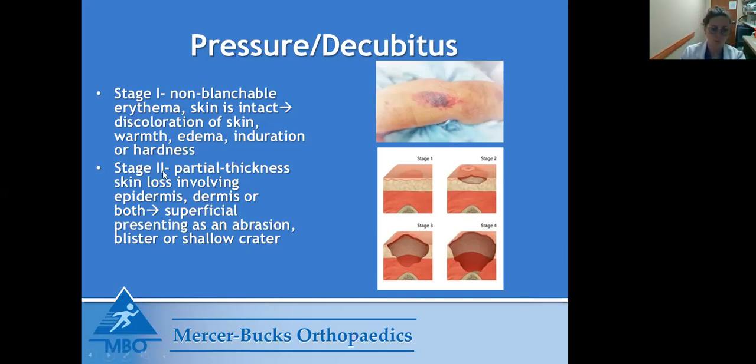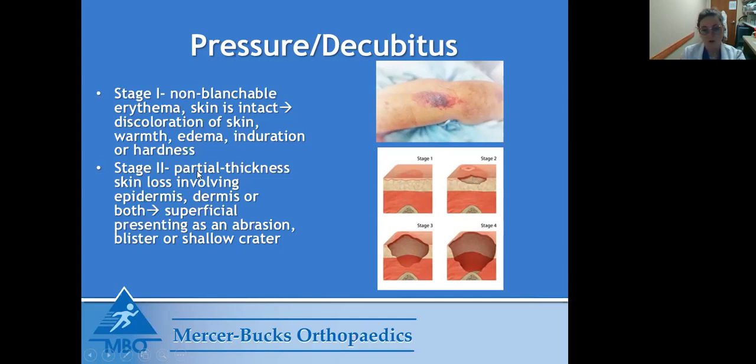A stage 2 or a partial thickness pressure ulcer is when you have skin loss. This can vary. This picture is showing a stage 1 versus a 2, 3, and 4, and roughly the layers of our skin. You have the skin, you have fat right below it, then you have muscle, tissue, and bone.